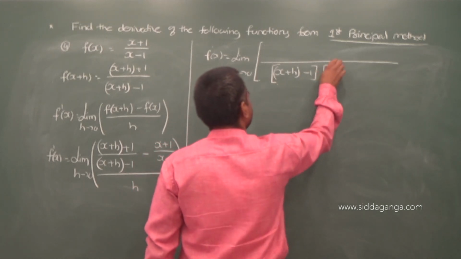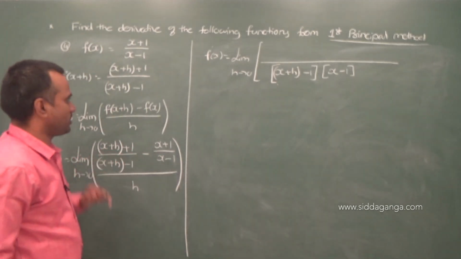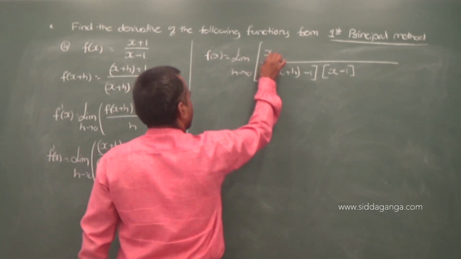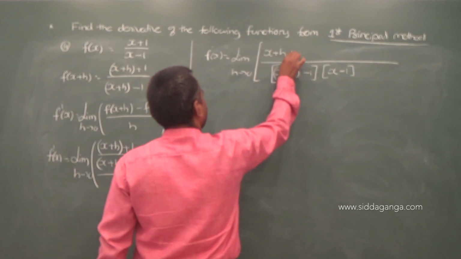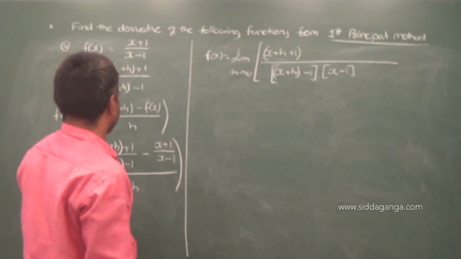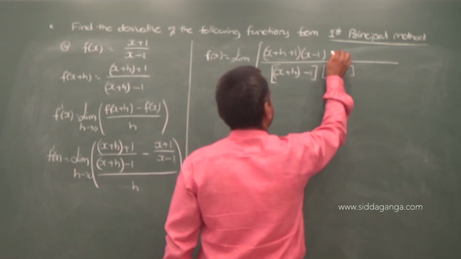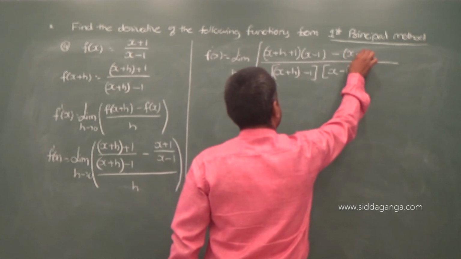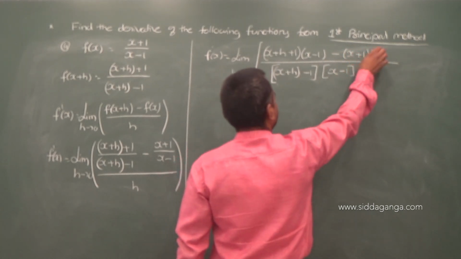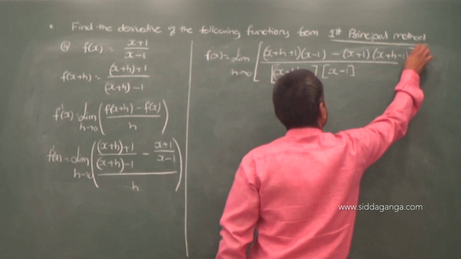The LCM is (x plus h minus 1) into (x minus 1). So we have (x plus h plus 1) into (x minus 1) minus (x plus 1) into (x plus h minus 1).